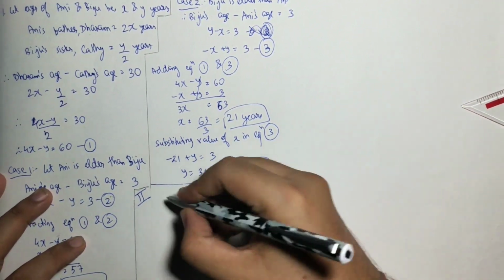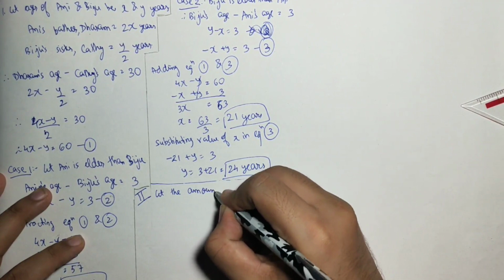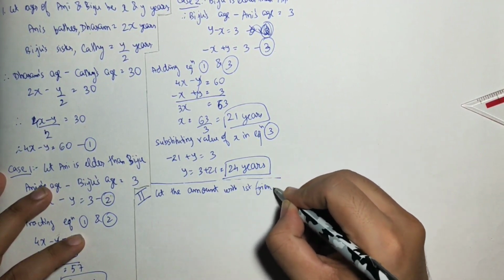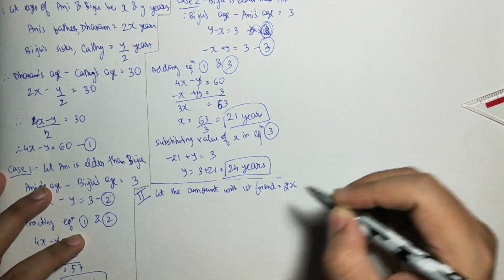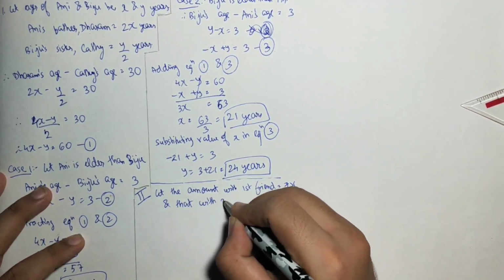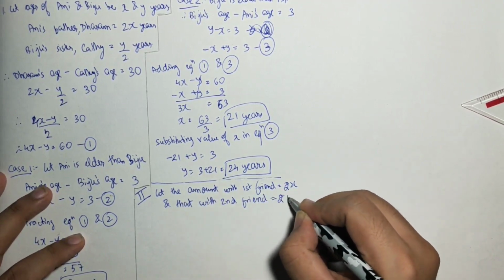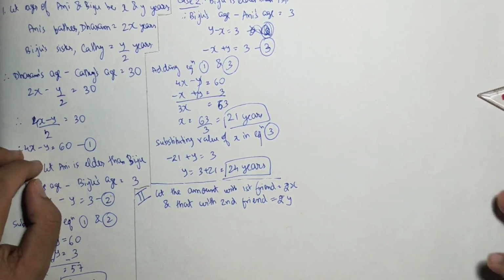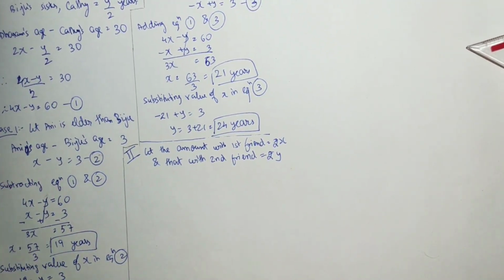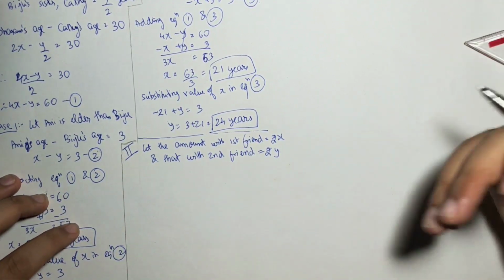So let the amount with the first friend be rupees x and that with the second friend be rupees y. One friend is having x rupees and the other one is having y rupees. Now the first one says give me 100 rupees.